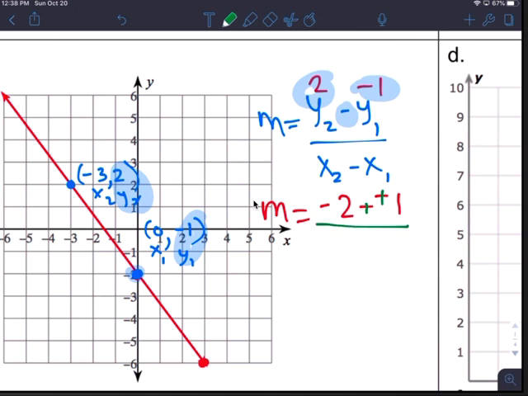That gets you a -1 over, let's do the x. X sub 2 is -3 minus x sub 1 is 0. It's -3, 0. So you get -3, and hold on a second. I did something wrong.